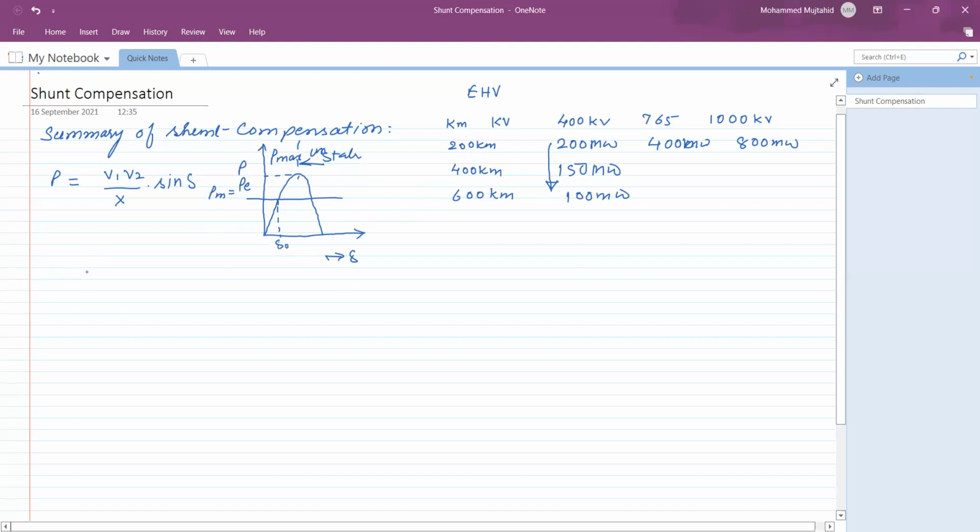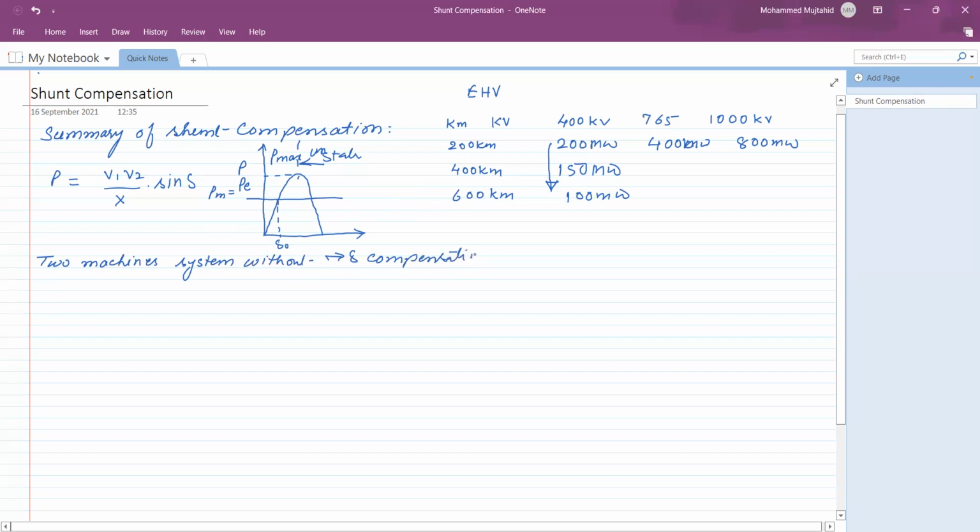Now first we'll take the example of a two machine system without compensation.